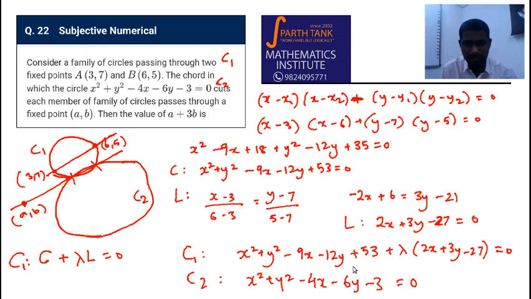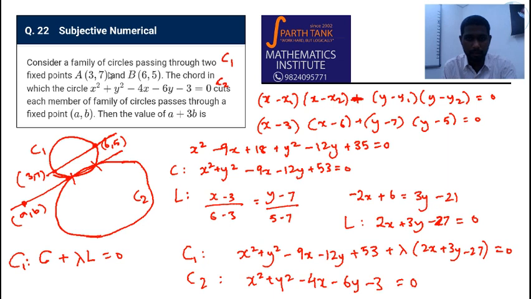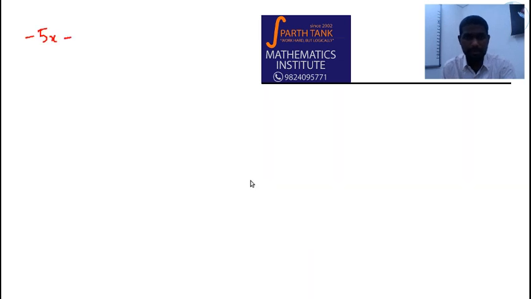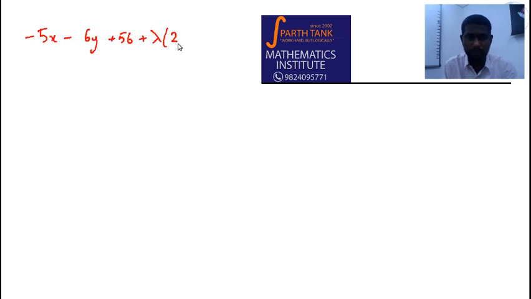Here I will get minus 5x, minus 6y and plus 56, plus lambda times the other equation, 2x plus 3y minus 27, is equal to 0.